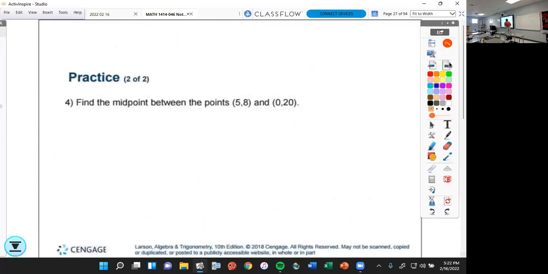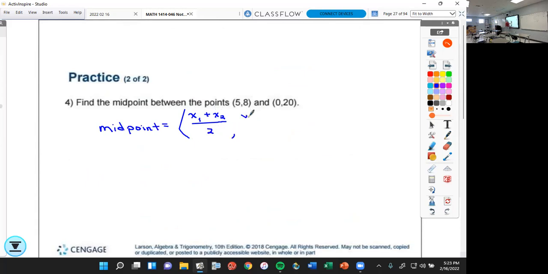Number 4, find the midpoint between those same 2 points. Well, the midpoint is going to be the average of the x's, average of the y's. So midpoint equals x1 plus x2 divided by 2, comma, y1 plus y2 divided by 2.